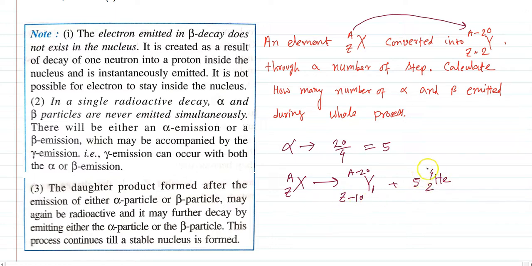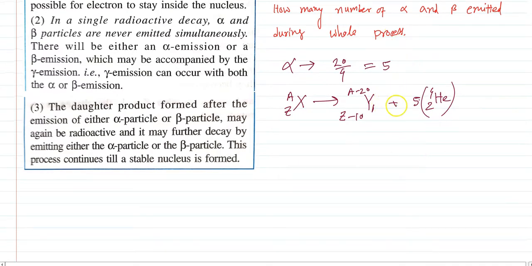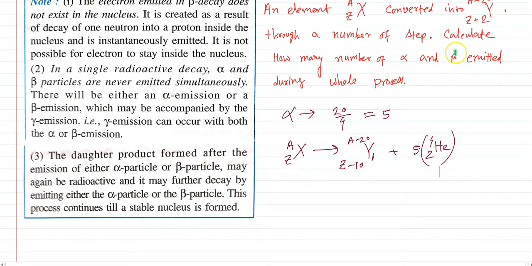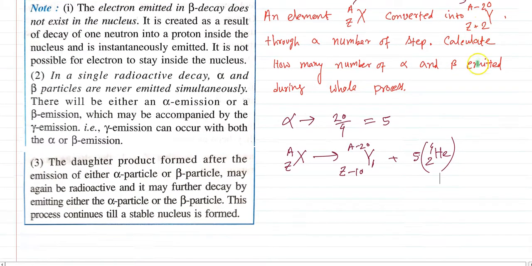Okay, so 5 alpha particles are emitted first, and now due to the emission of beta, the proton number will be changed, meaning Z changes.